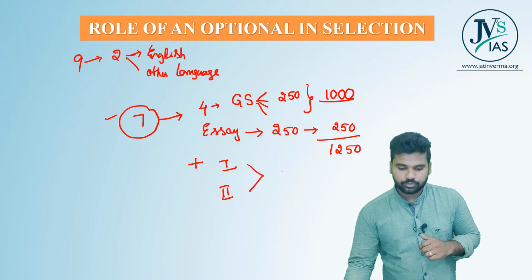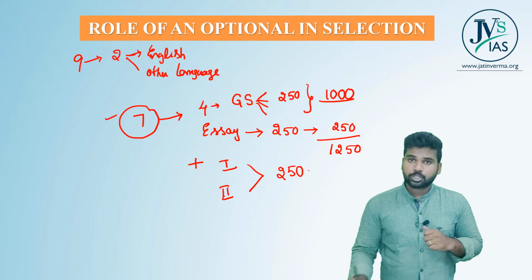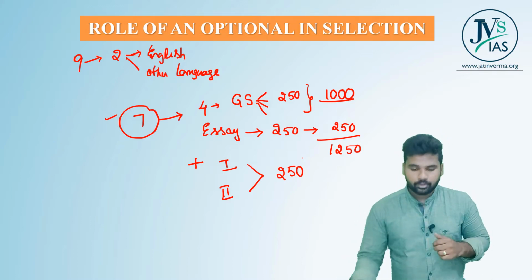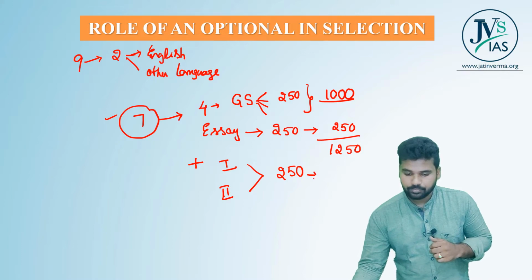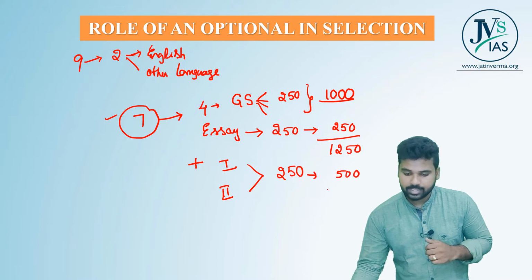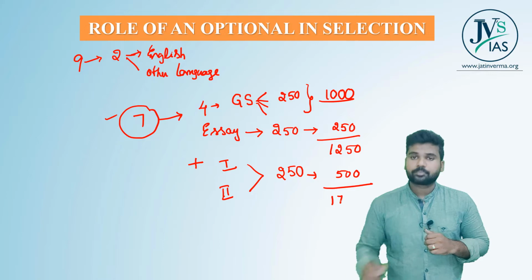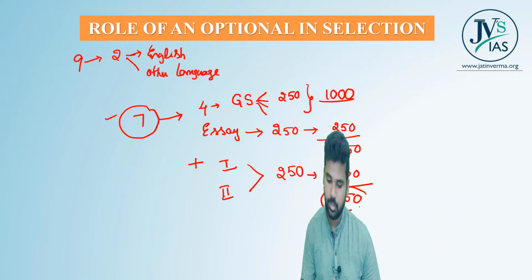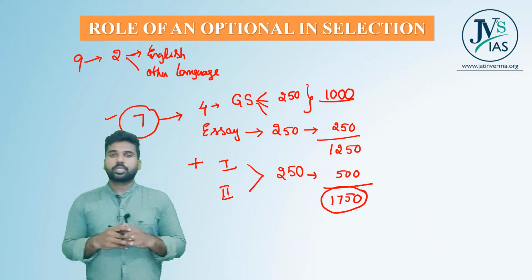Each of these papers carries 250 marks, so together an optional subject is worth 500 marks in the mains examination. Together, you are going to write 1750 marks in the mains examination.